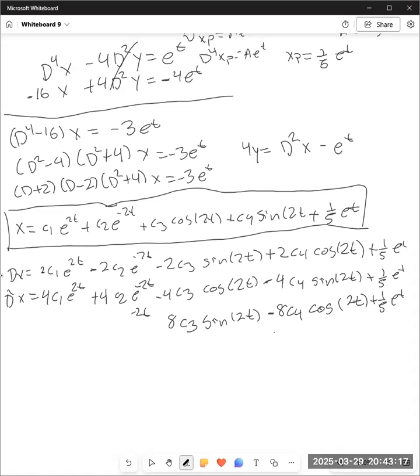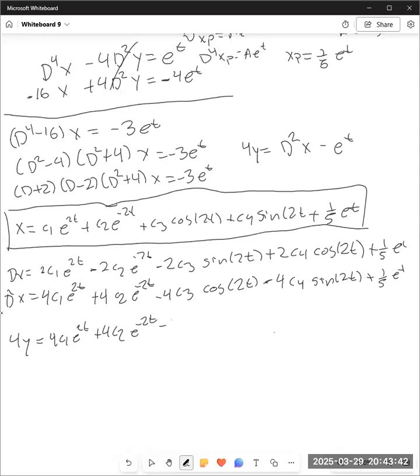So second derivative, because we're using this equation here, so 4y is equal to 4c1 e to the 2t plus 4c2 e to the negative 2t minus 4c3 cosine of 2t minus 4c4 sine of 2t plus 1/5, and then minus 1 is going to be minus 4/5 e to the t.